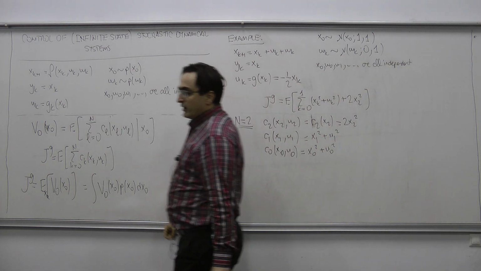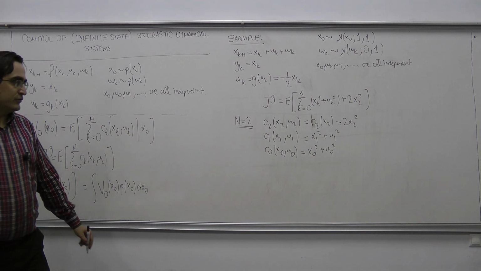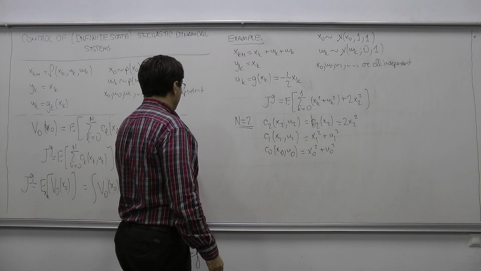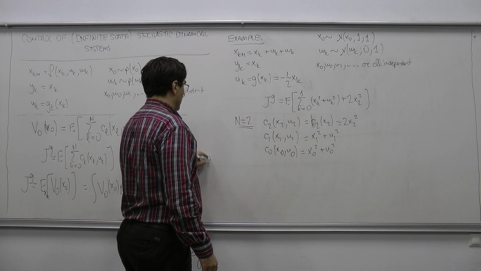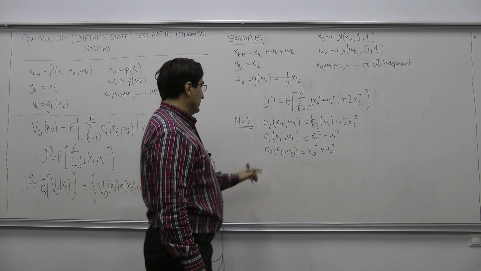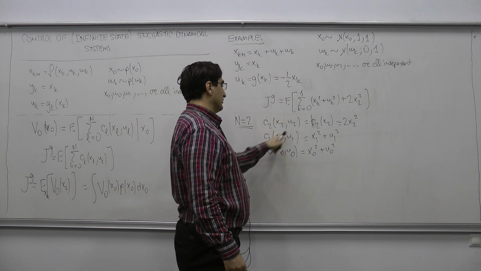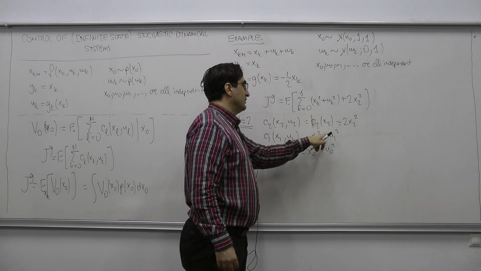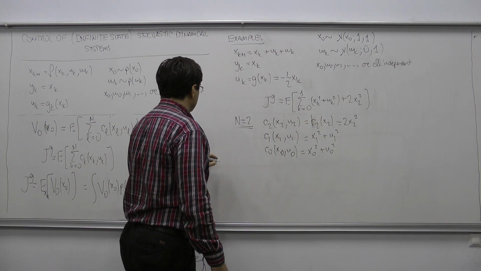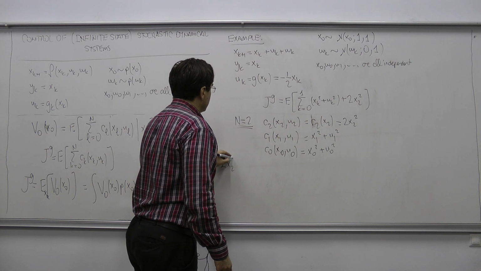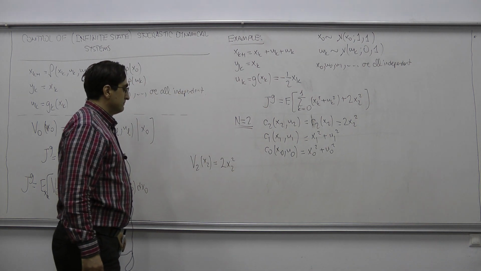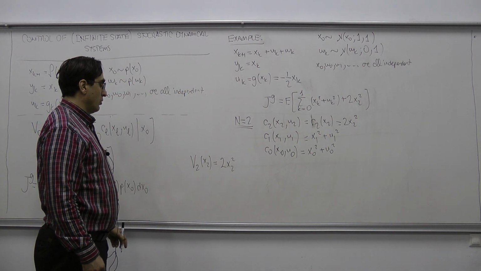So now let us start our procedure. Let us start our initialization with V2 of x2. V2 of x2 is going to be just this function here, which is C2 of x2, and it is 2 x2 squared. So there is nothing more to do here.